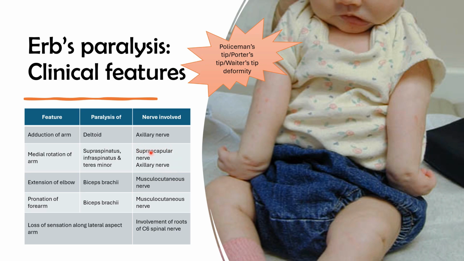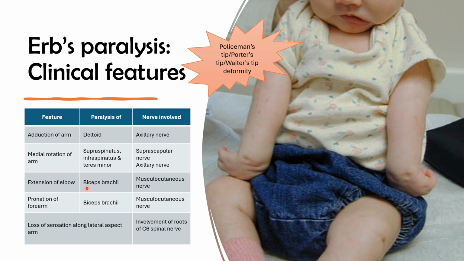The suprascapular nerve, where was it coming from? Again it is a branch of the upper trunk of the brachial plexus. So the root value will again be C5, C6, right? That is why the arm is in the medially rotated state, where lateral rotation is not possible.